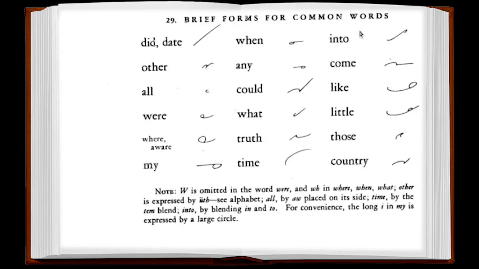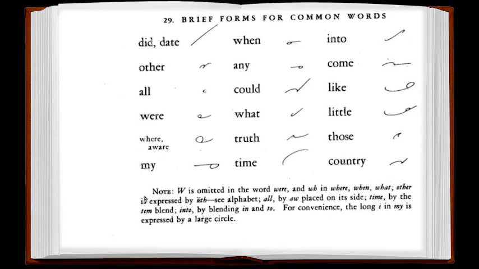Brief forms for common words. Let's review some of these. Did, date, other, all, were, where, aware, my, when, any, could, what, truth, time, into, come, like, little, those, country. Note, W is omitted in the word were, and WH in where, when, what.